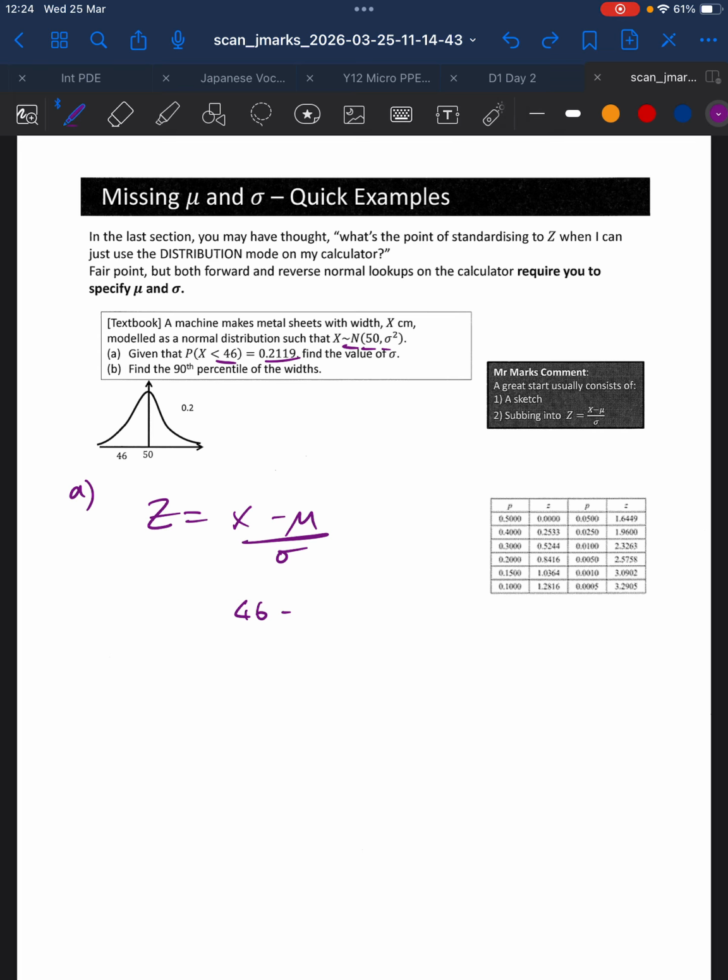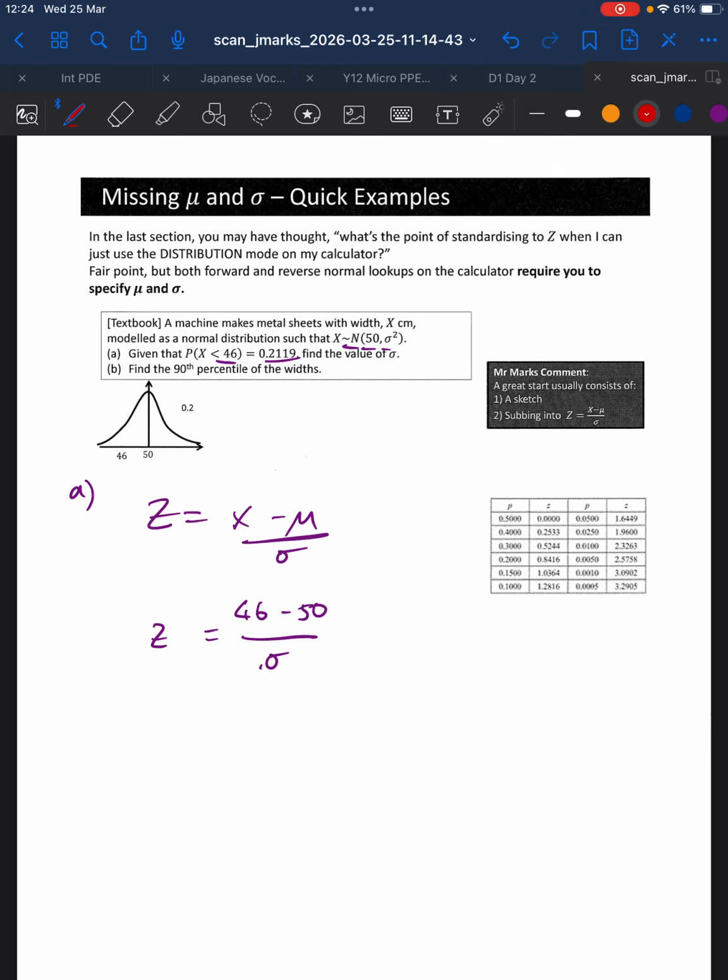Oh no, sorry, I do know the mean. It's 50, isn't it? Over this one here equals Z. Now, I'm a bit blocked from here in terms of doing anything because I need my Z to find my standard deviation, or my standard deviation to find the Z value that this corresponds with. But we can do something.